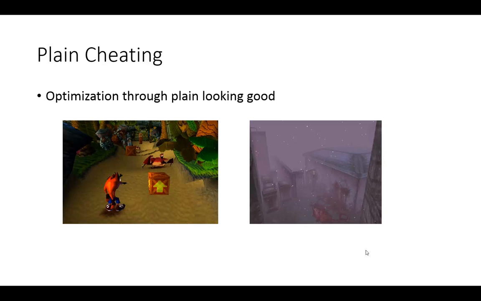What they've done, for instance, is find out exactly how many polygons they can have on the screen at the same time. They've seen how many polygons exactly the PlayStation can render before it starts lagging. And they have then designed the levels so that this amount of polygons is always visible.